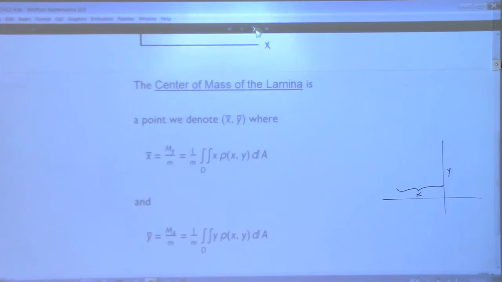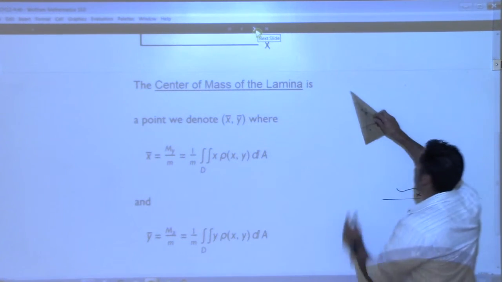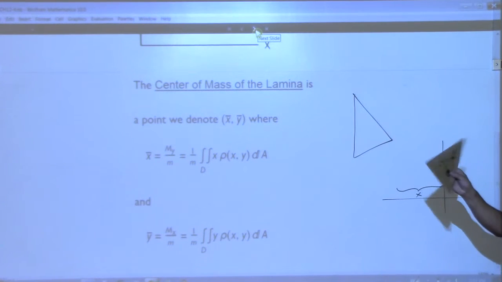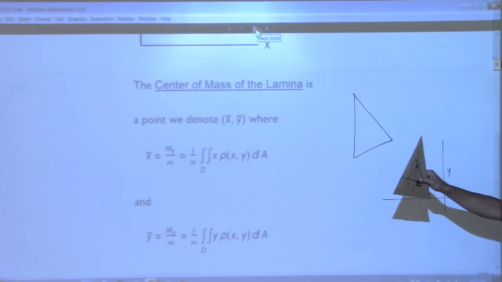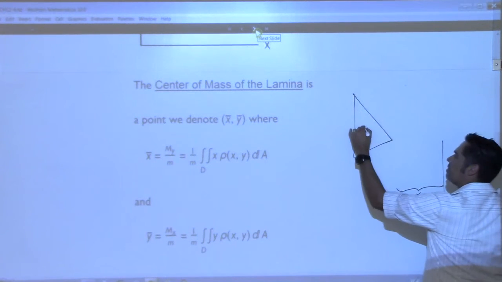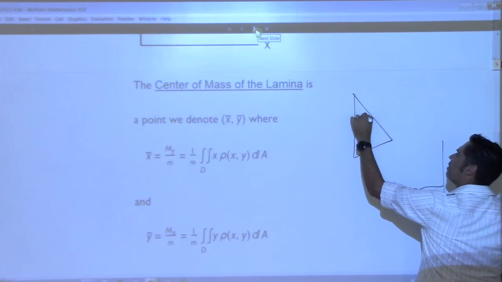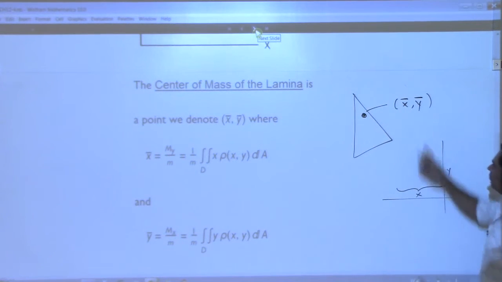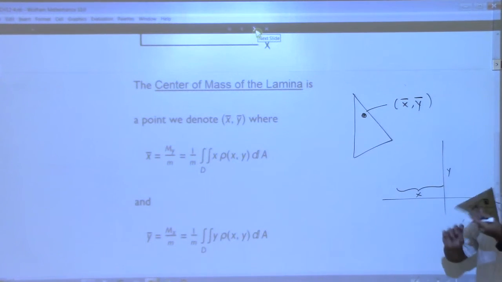The center of mass, by definition, is this. So here's our lamina sitting here. It's a non-homogeneous lamina. We would like to find that point, which we call x bar, y bar. We want to know what that is, the center of mass.